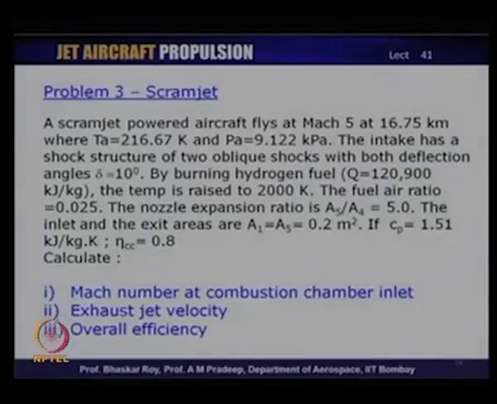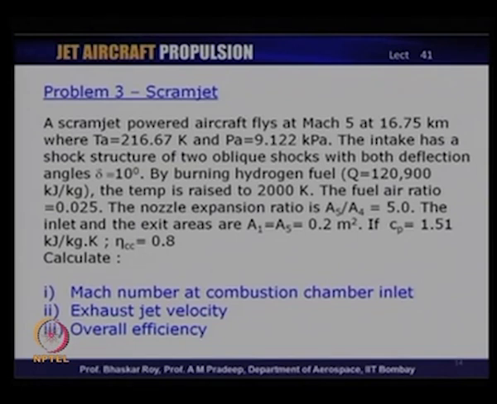Let us now take a look at a typical problem related to scramjets. If you look at a scramjet powered aircraft which flies at Mach 5, typically scramjets do fly at very high Mach numbers, normally 5 or above, at an altitude of 16.75 kilometers, where again the temperatures and pressures are prescribed, and the intake has a shock structure.